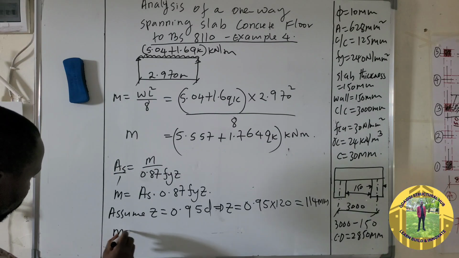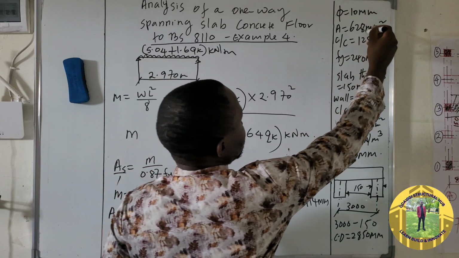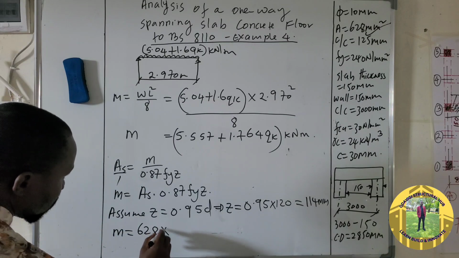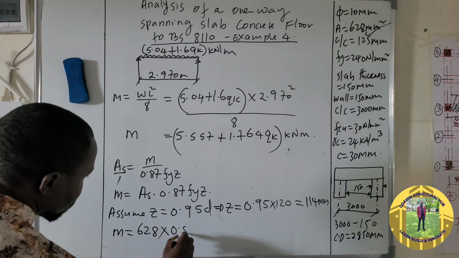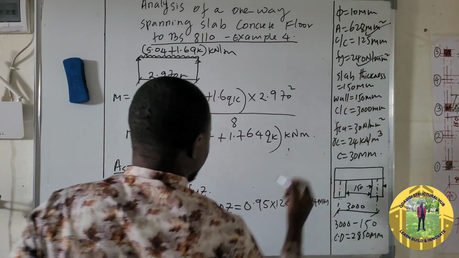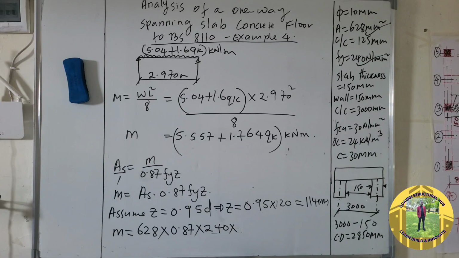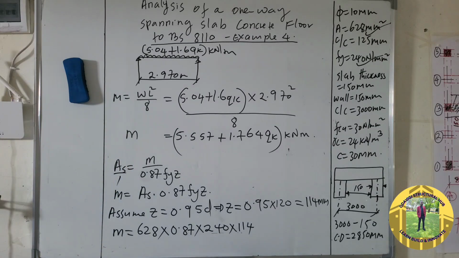So M is equal to area of steel, which is 628, times 0.87, Fy is 240, times Z, which is 114. So let's carry out the operation.